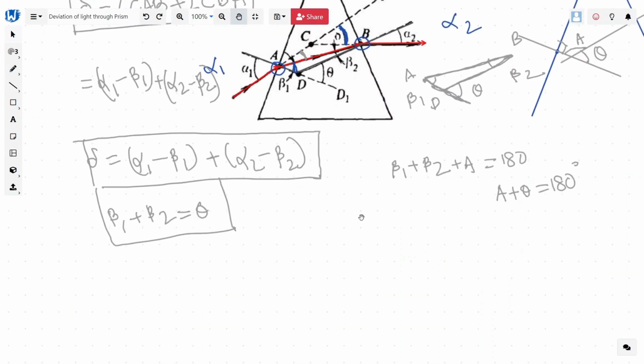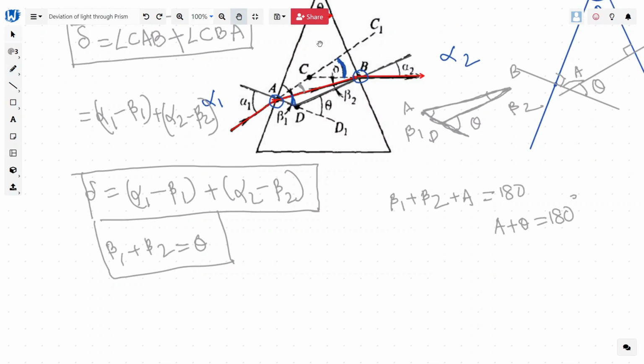So now let's move to the physics and write down Snell's law at point A. Snell's law at point A is going to be the first equation.